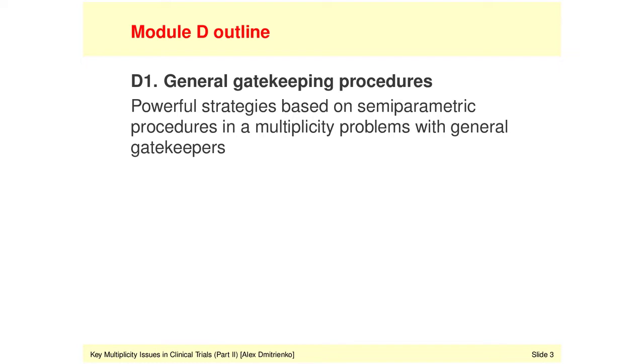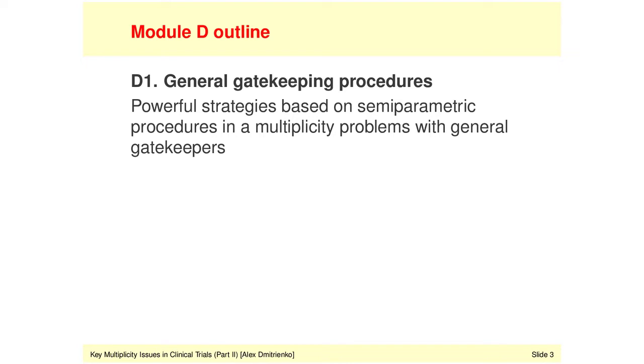that, first of all, account for these logical relationships, and secondly, of course, that's the main objective of any gatekeeping procedure, control the overall type 1 error rate across the families. So they control the global family-wise error rate. And these procedures can be constructed from building blocks from the appropriate clinically meaningful component procedures that could be non-parametric procedures or semi-parametric or even fully parametric procedures.